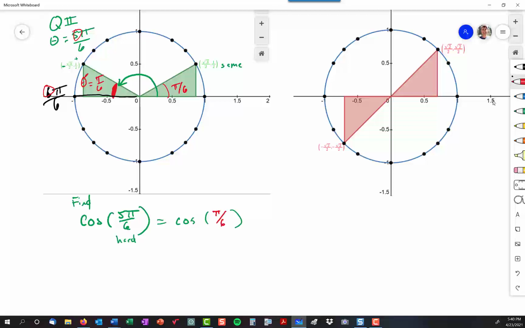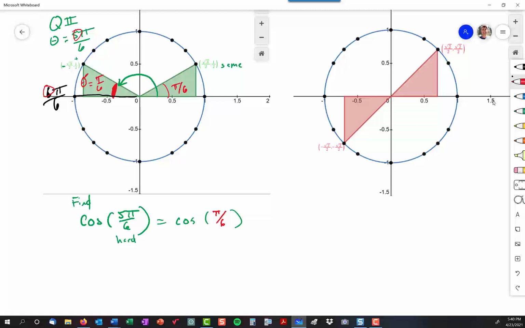So convert the hard angle into its reference angle, and these are going to have the exact same values. You can see it in the green triangles. The green triangles are equivalent to each other. And because they're equivalent to each other, the numerical values for the radius, the y value, the x value are all the same. The opposite, adjacent, hypotenuses are all the same.